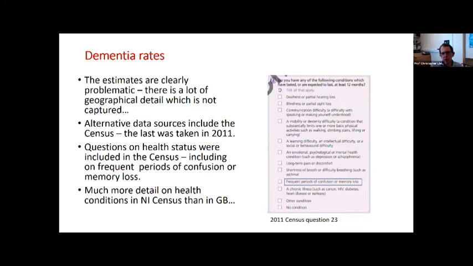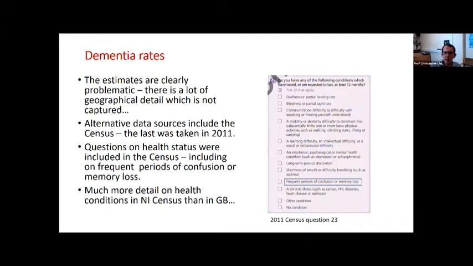So the data that we have on people living with dementia are for GP practices. Like I've said, there are a number of other publicly available possibilities that we could use. Now, the census in Northern Ireland, and the same will be true in 2021 as in 2011, which is the data that I'm going to talk about now, includes a question on something called limiting long-term illnesses, or LLTI.